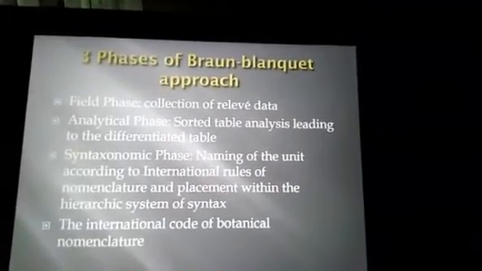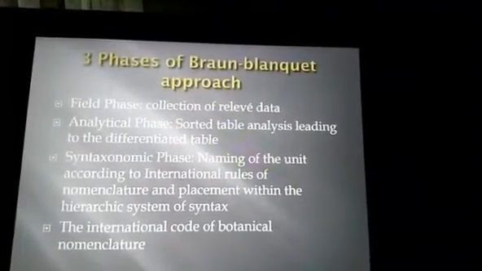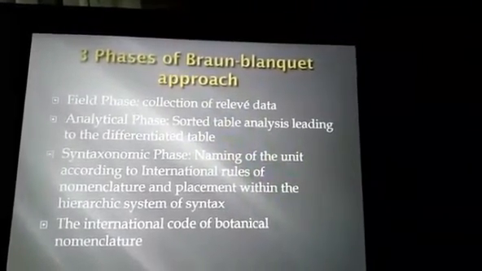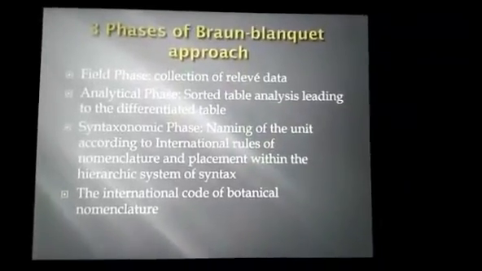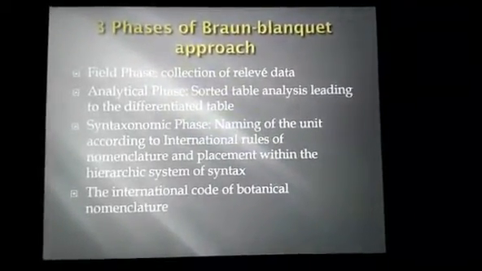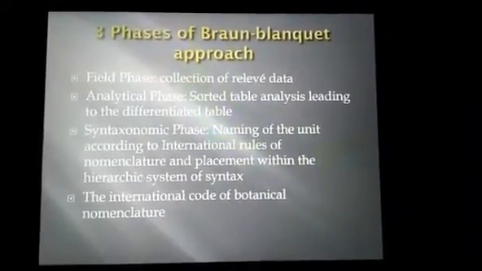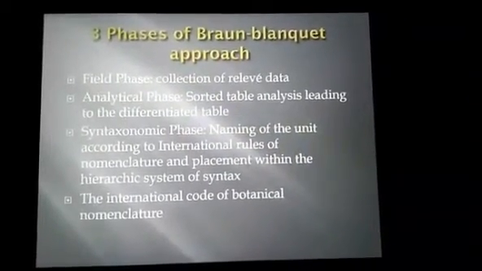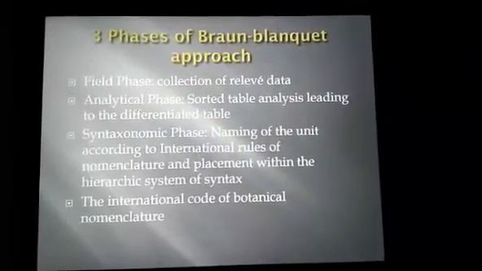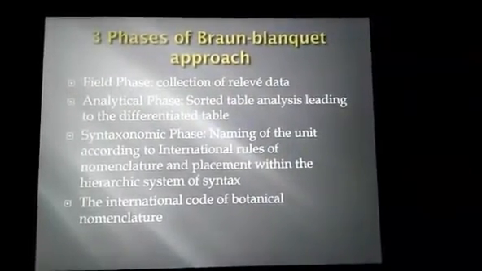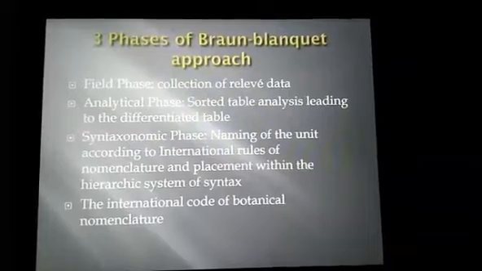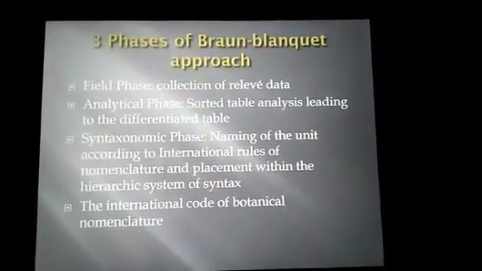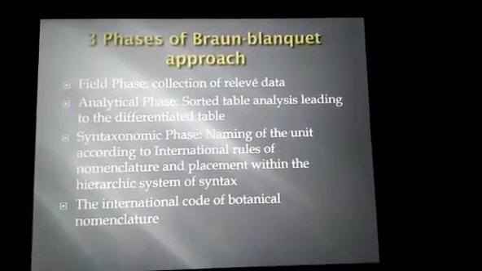So we have three phases in this classification of the Braun-Blanquet approach. The Braun-Blanquet, as we know, is the relevant method. The first phase is the field phase, which focuses on the collection of the relevant data. The second phase is the analytical phase, which involves the sorted table analysis, which leads to differential tables.